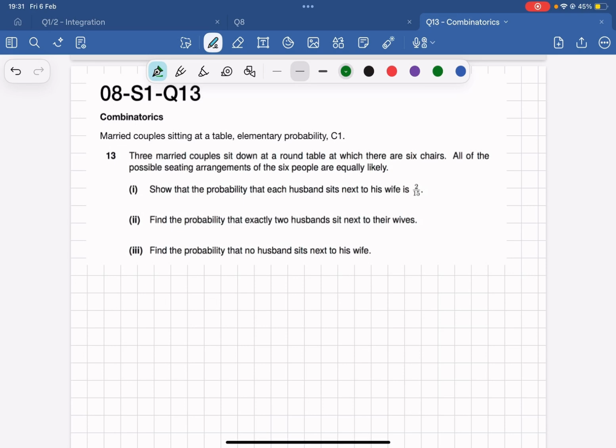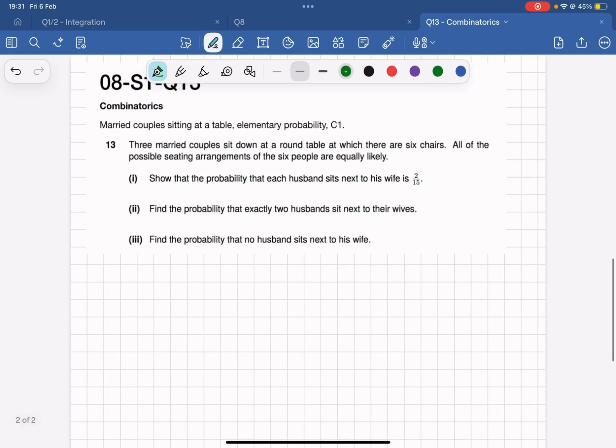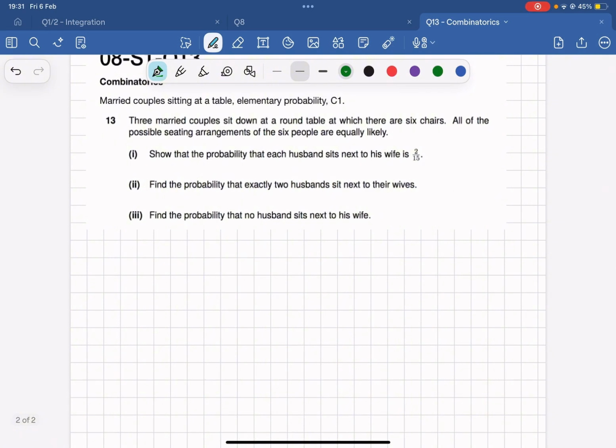Now, since we're dealing with people in pairs, it's best to model them as a block. I'll show you what I mean by this. So let's imagine we've got a round table. It's not round. It's a bit better. Still not round.